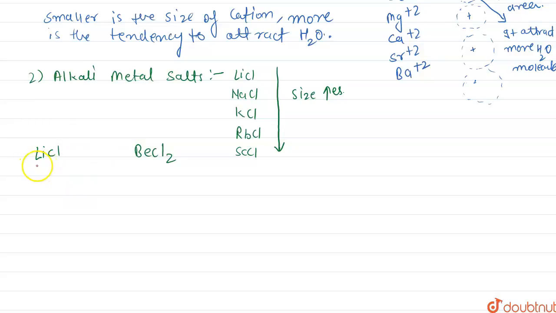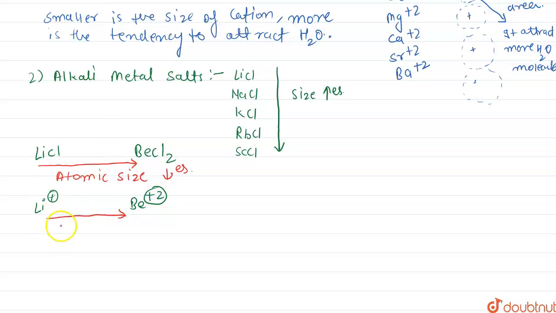We know that in a period, as we move from left to right, the atomic size decreases because the electron enters the same shell, but the protons increase, therefore the nuclear charge increases, so atomic size decreases. So we can say that the size of the cations of alkali metals and alkaline earth metals also decreases on moving from left to right.